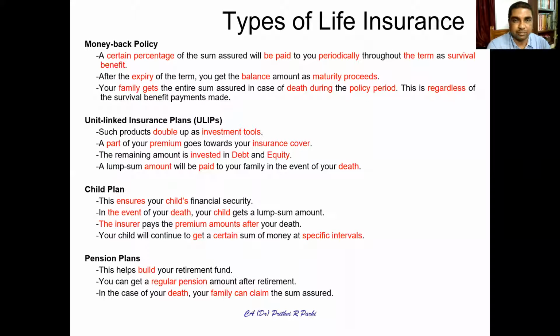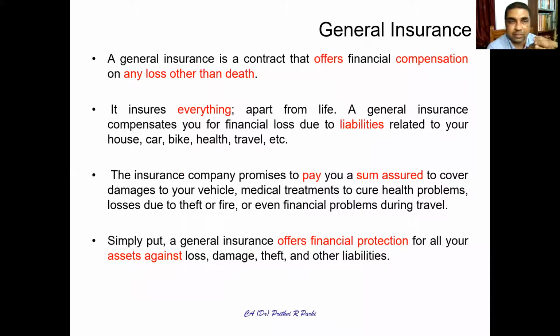Now, general insurance contract offers financial compensation for any loss other than death. Death is not covered here. Apart from that, if there is some other reason for which financial loss is suffered, then general insurance policies can cover.